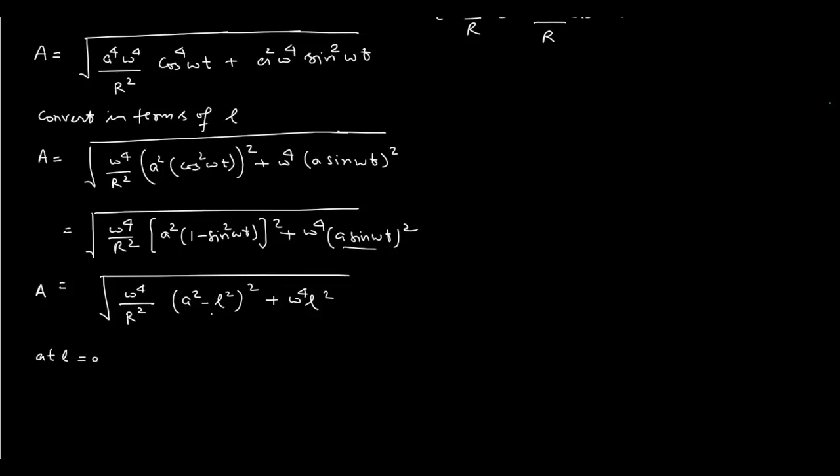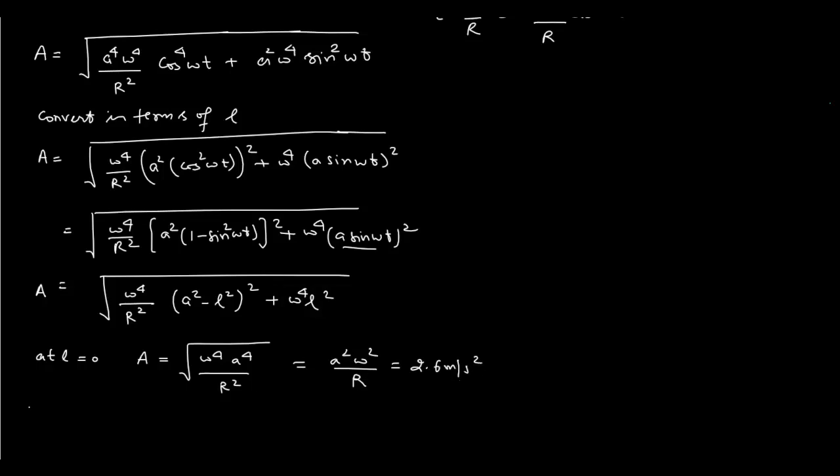If we put L = 0 in this equation, L is 0, so it is ω⁴ a⁴ divided by r², and you will get a² ω² by r. And if we substitute the values of a, ω and r, we will get 2.6 meters per second squared.